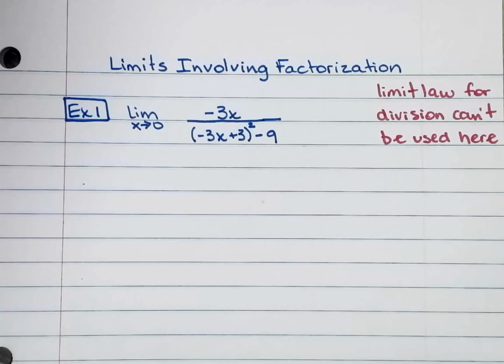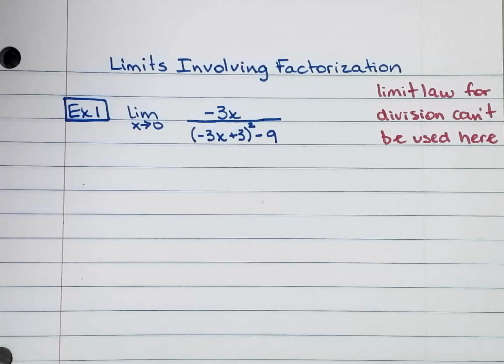You can do FOIL, you can do the formula. Either way, we're doing the same thing. I'm going to do the box off to the side, just because it's easier for you to see what I'm doing. This squared means negative 3x plus 3 times negative 3x plus 3. That's why I made the box.